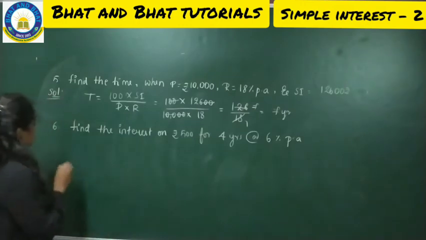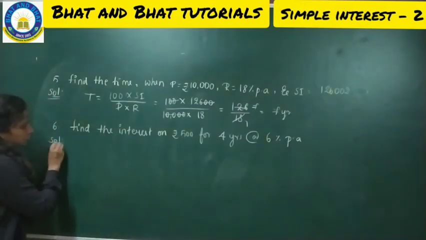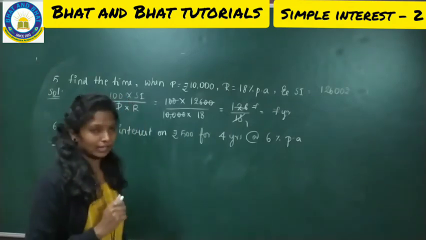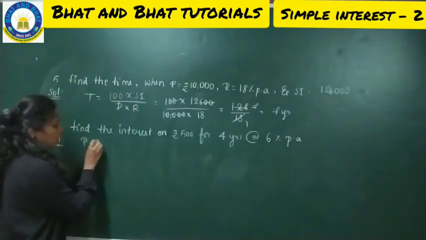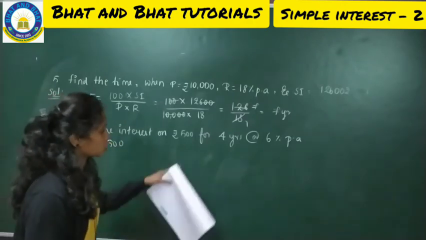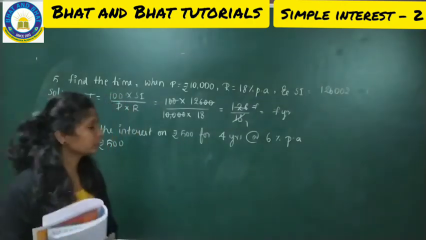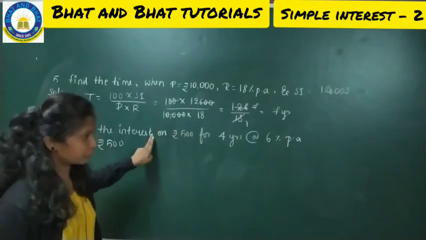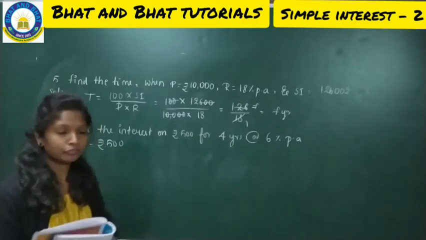So this is your question. Look into the question. Don't get confused. You have to find the interest on 500. That means it's understood. This is not the interest amount. This is the principal amount. So on 500, you have to find the interest for 4 years.